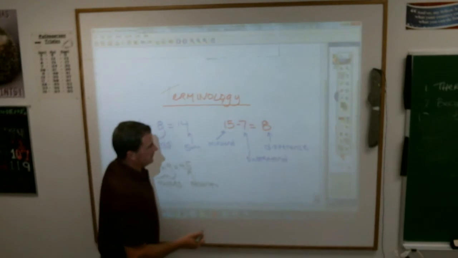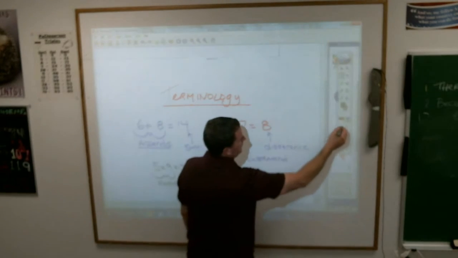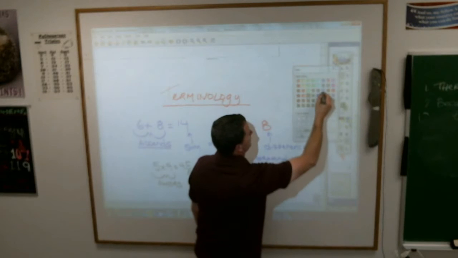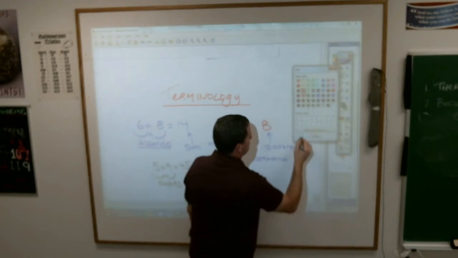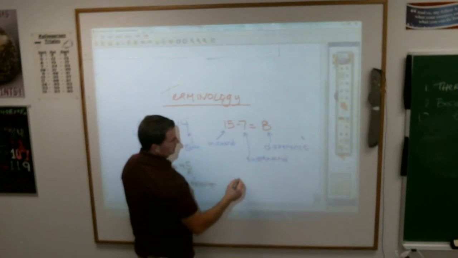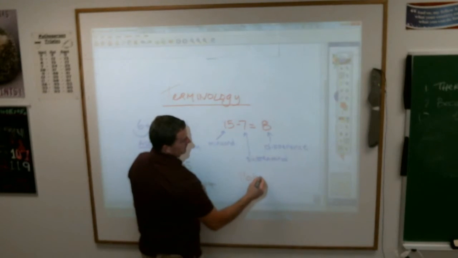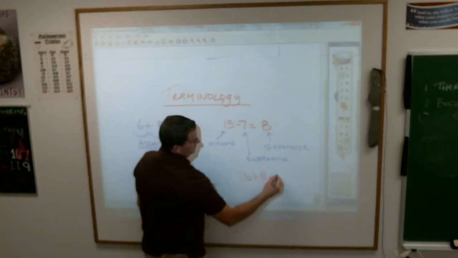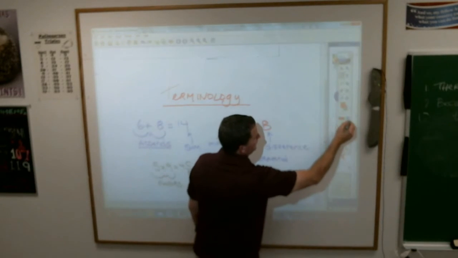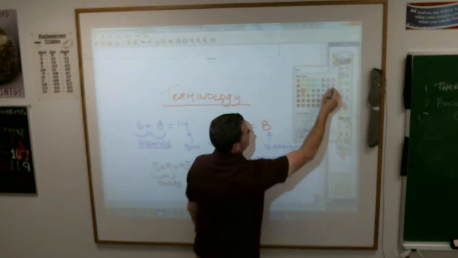And then when you have the division problem, which color shall we go with here? 16 divided by 8 is 2. The answer to a division problem, do pink for Andrew.